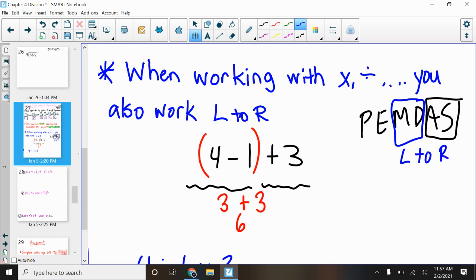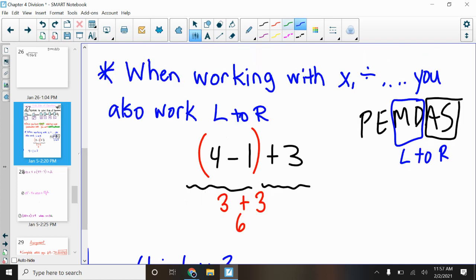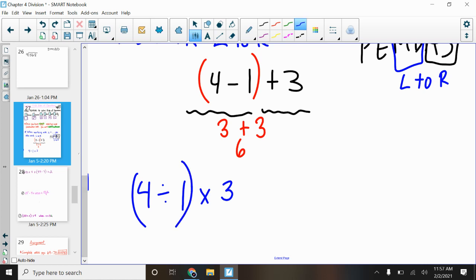So in that example below, Sophia, what do you think you're going to do first? What you do first is 4 divided by 1. Why? Because it's going left to right, and that's what the rule says. The division sign is on the left of the problem, so that's what I'm going to do first. What is 4 divided by 1? 4. Times your leftover 3? 12. There's your answer.